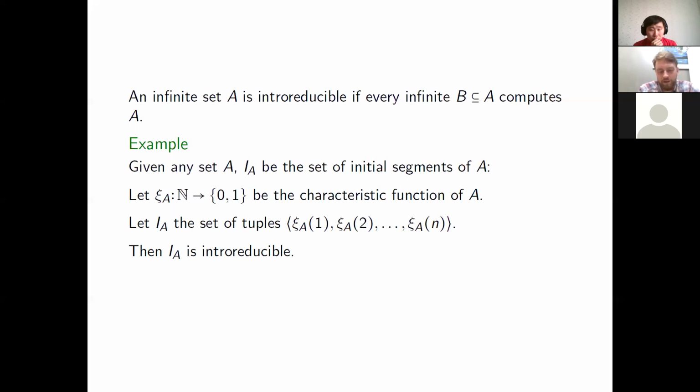If I miss a bunch of tuples but still have infinitely many, I might be missing the tuple of length 4, but if I have the tuple of length 7, the first 4 bits of that are the tuple of length 4. So from the tuple of length 7, I can figure out what was missing. And then maybe I'm missing the tuple of length 8, but I have the tuple of length 10, and that tells me what's missing from the tuple of length 8. Basically, everything is coded very, very redundantly.